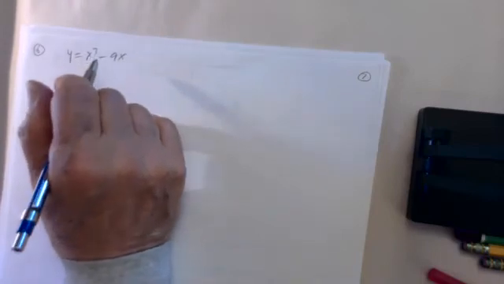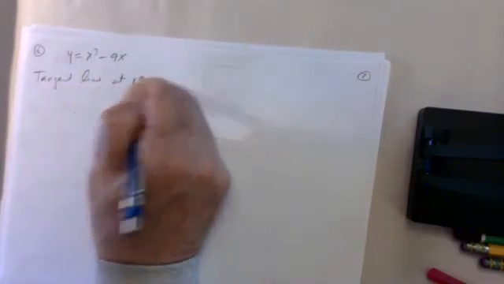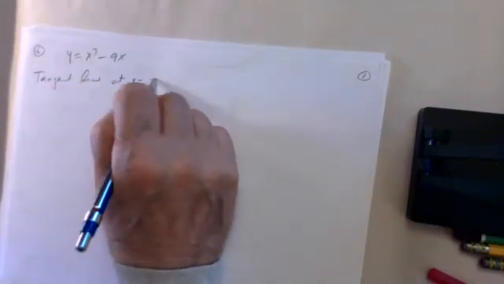Number 6. So for number 6, we have the curve y equals x cubed minus 9x, and we want to find the tangent line at x equal to 2.